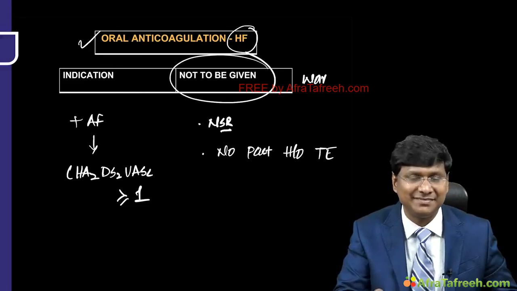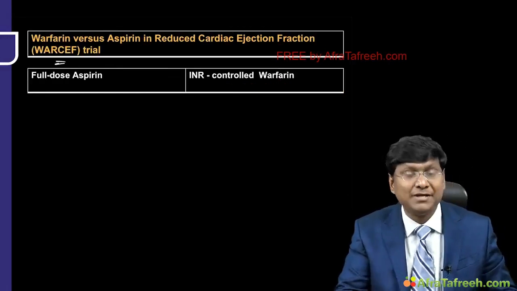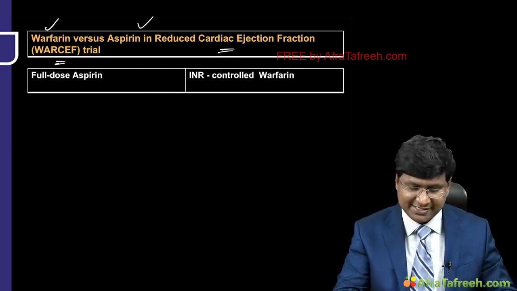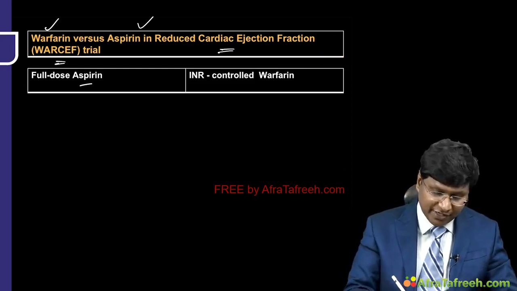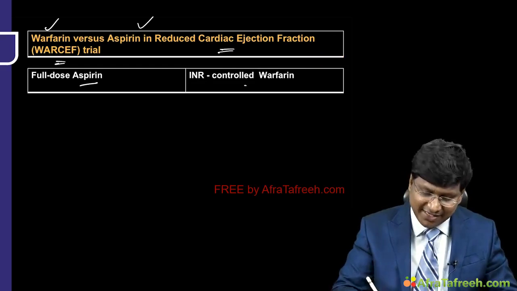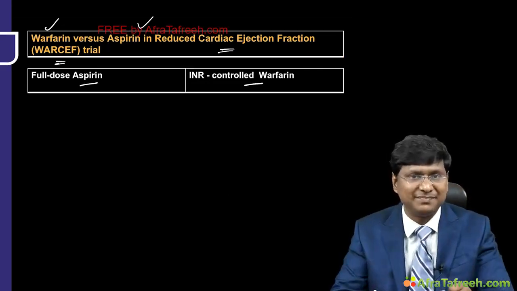So there was a trial done. That particular trial is the WARCEF trial, that is Warfarin versus Aspirin in Reduced Cardiac Ejection Fraction. In one group of individuals, full dose aspirin was given. In another group, INR controlled warfarin was given, okay.